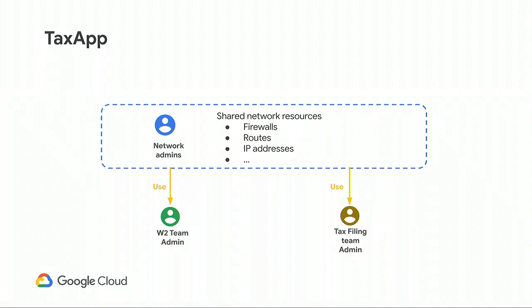Speaking of access to clusters, we need to build a lot of features, like tracking tax-deductible donations, enabling you to import your W-2, etc. So, for example, we obviously have our core tax filing team and our W-2 importing team. Now, ideally, these two teams can independently create and manage their clusters.